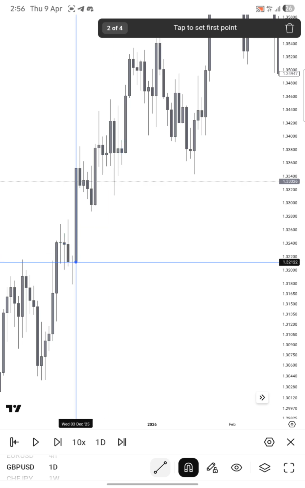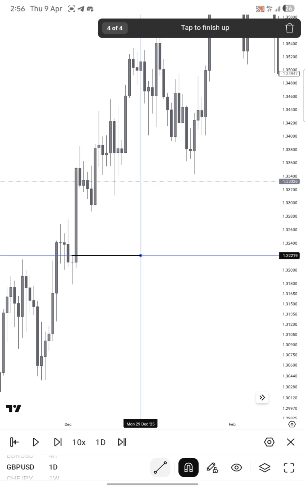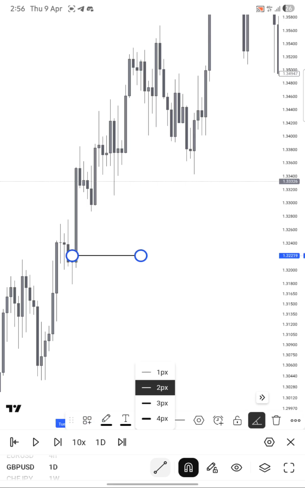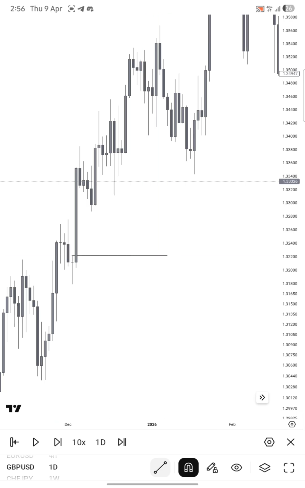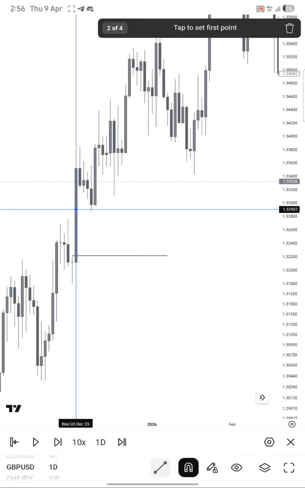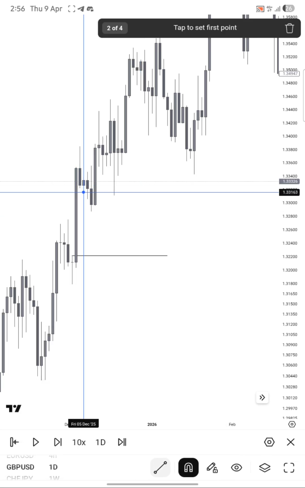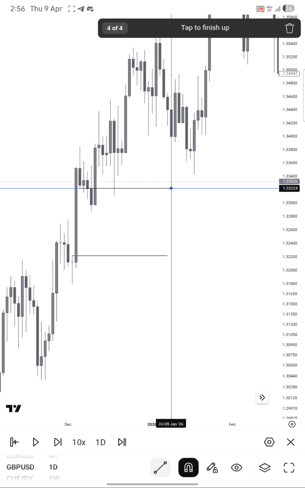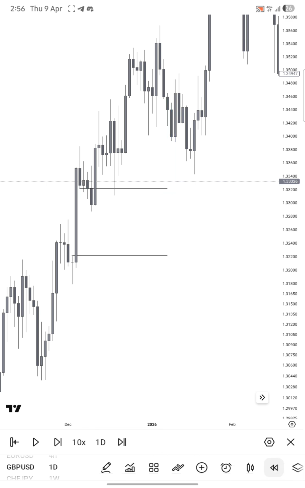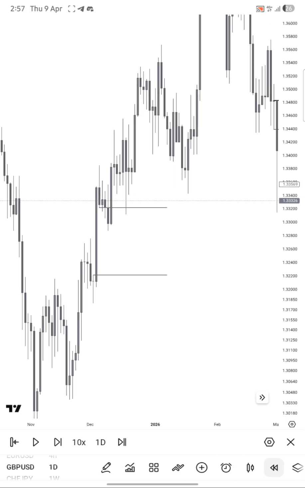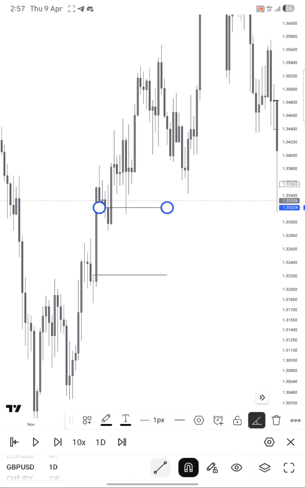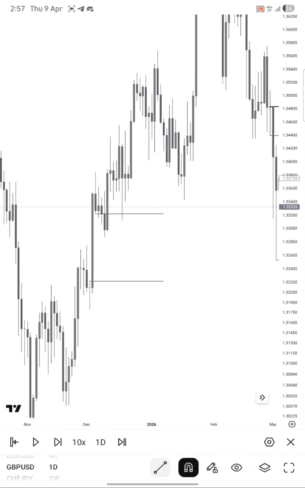Since the fair value gap is here, as we know, ICT tells us that if a fair value gap has consolidation, we will be expecting this fair value gap to get filled.